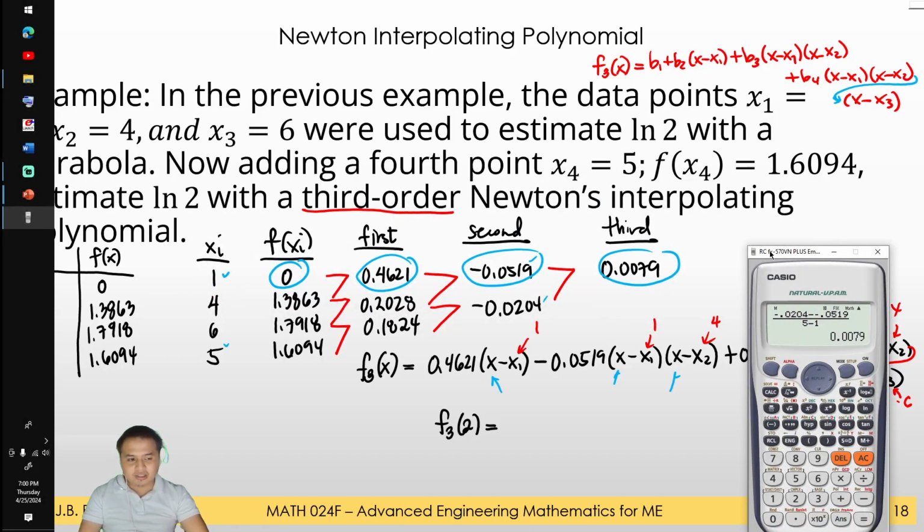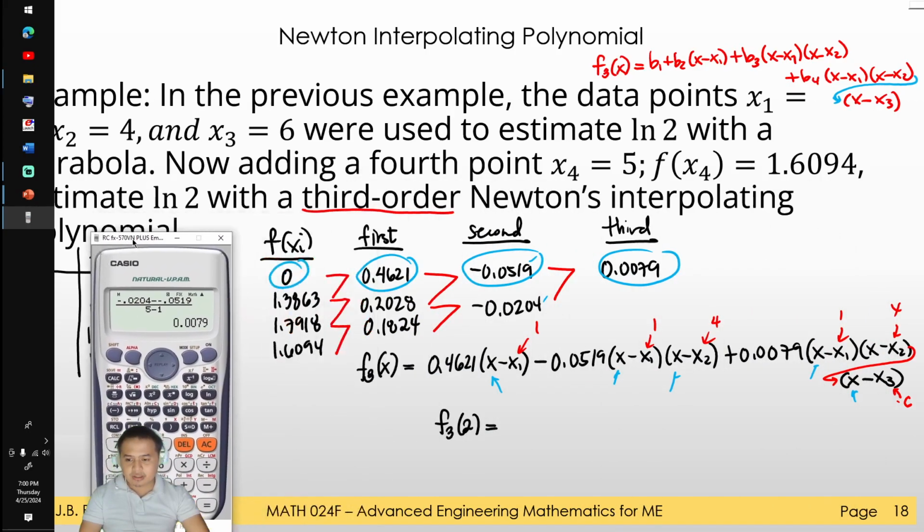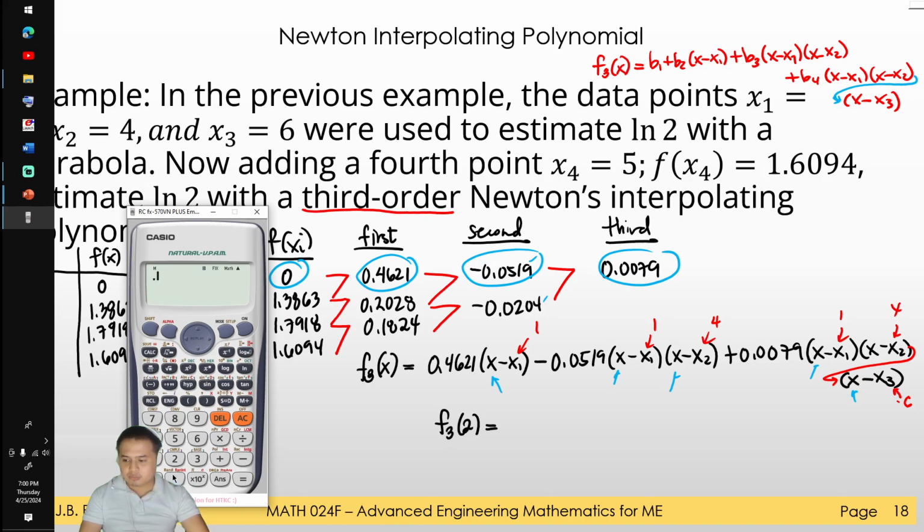So the value here will be 0.4621, so 2 minus x1 is 1, and then minus 0.00519. And then you have x minus x1, so 2 minus 1 again, and then we have 2 minus 4.